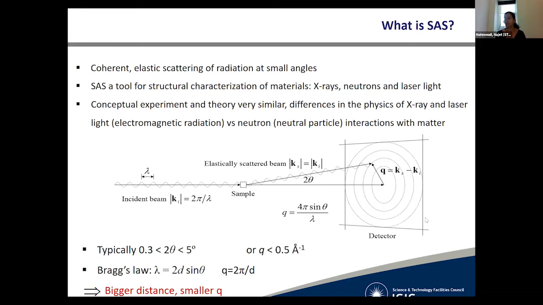It's just the type of diffraction where the objects are much larger than the wavelength, especially for X-rays and neutrons. And as a diffraction, it obeys Bragg's law, which is lambda equals 2d sine theta. That basically gives you q, the wave vector, equal to pi over d. So in the simplest of terms, if you're looking at larger structures, you have to look at them at small q.